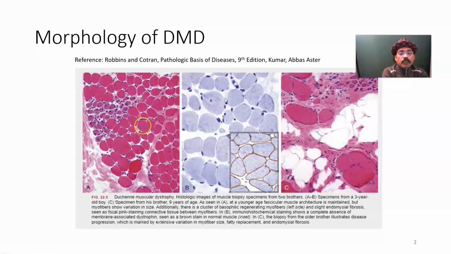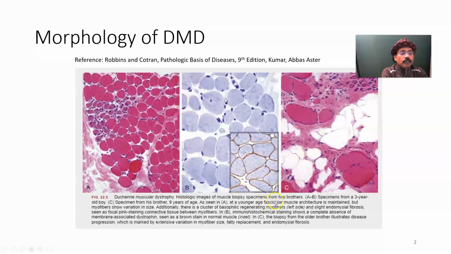In muscular dystrophy, we will look at the histological features. These two are slides of a 3-year-old boy, and that is the slide of his brother at the age of 9 years.